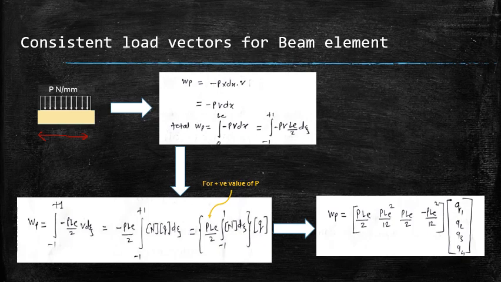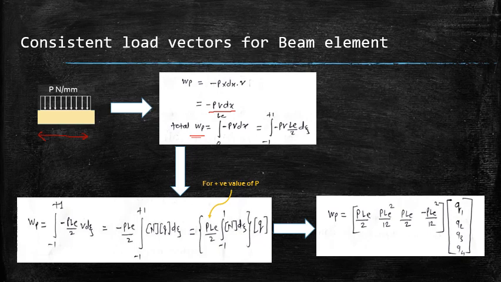So minus P into dx into v will be the work potential because of this UDL. I can write this work potential as minus P into v into dx. This is for a very small fraction of the length of the beam. So for the complete beam element, if you want to find the work potential, you have to integrate this work potential.